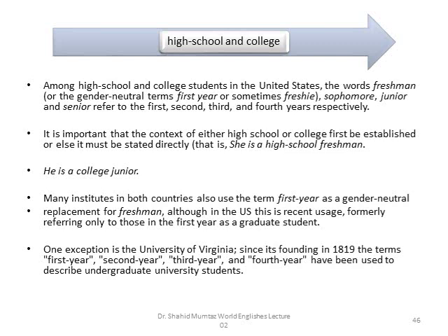Since its founding in 1819, the terms first year, second year, third, and fourth year have been used to describe undergraduate university students. So this is the general information about high school and college university students.